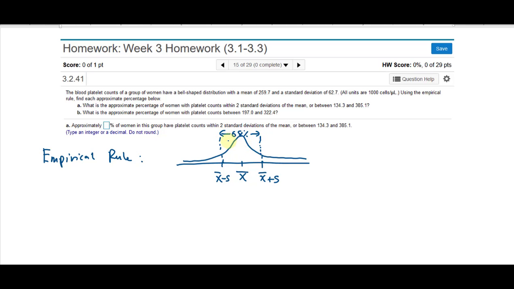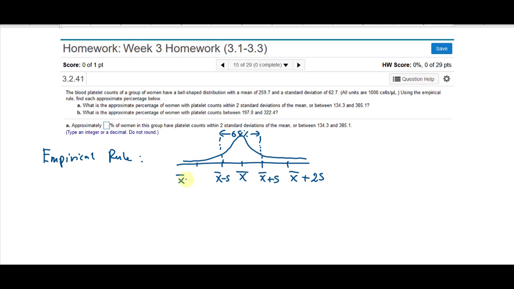So 68% of the data would be between one standard deviation above the mean and one standard deviation below the mean. Now, if you add one more standard deviation, so we take the mean, we add two standard deviations. That means from here, we jump one standard deviation, two standard deviations, and now from here, we jump backward one standard deviation, and then one more.